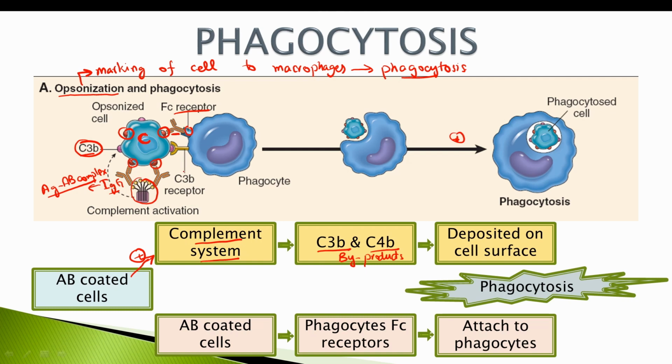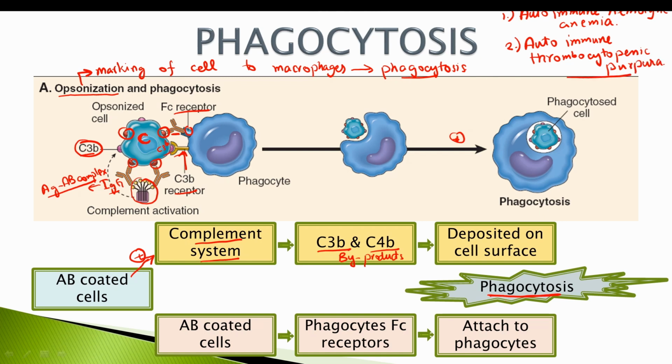Macrophages also have C3b receptors, as you can see here. So these receptors attach to C3b complement, which also results in phagocytosis and resulting in complete destruction of the cell. The examples of this type of type 2 hypersensitivity reaction include autoimmune hemolytic anemia and autoimmune thrombocytopenic purpura.